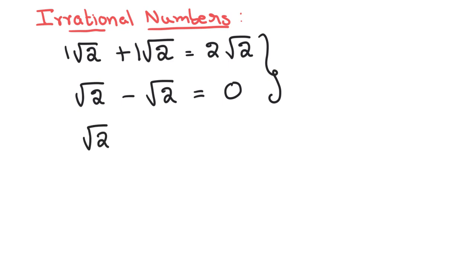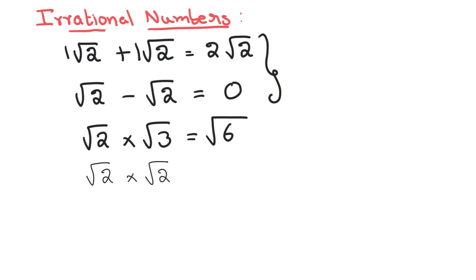Let's understand again. Root 2 times root 3. What is the product? It's root 6, which is irrational. Okay. What about root 2 times root 2? It is square root 4, which is 2, which is rational. So do you see here now?